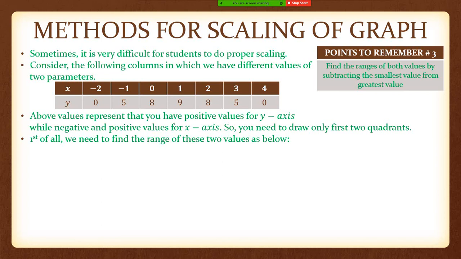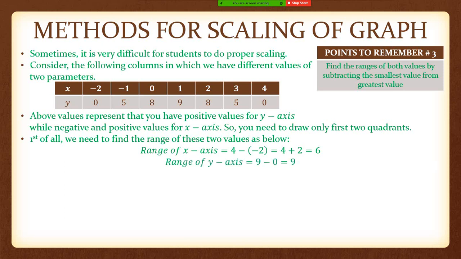So the range for the x-axis equals 4 minus (-2), which gives 4 plus 2 equals 6. So the range of the x-axis is 6. It means we have to plot 6 values along the x-axis.